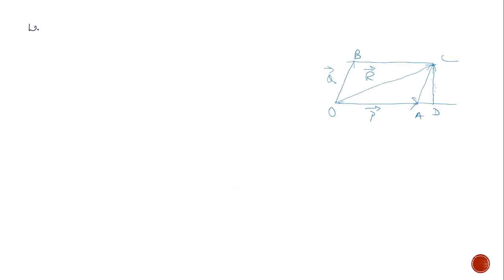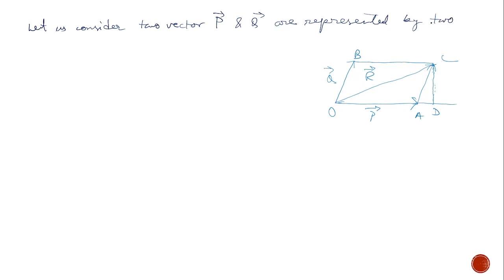Okay, so let us consider two vectors P and Q represented by two adjacent sides of a parallelogram OACB.